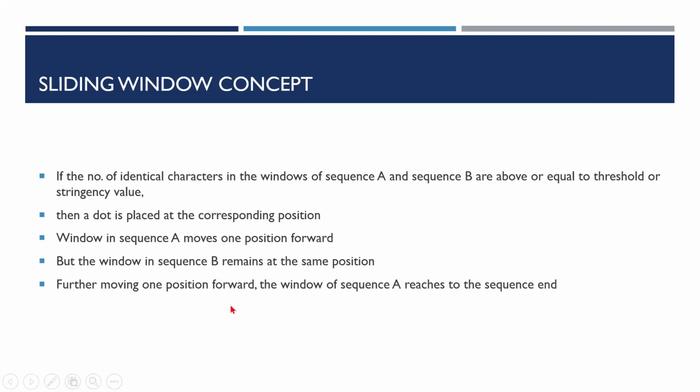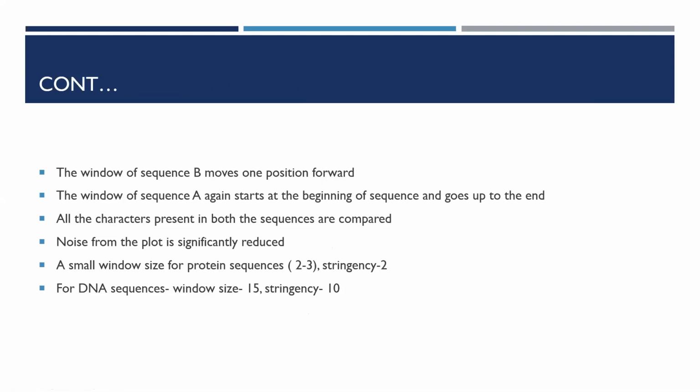Further moving one position forward, the window of sequence A reaches the end of the sequence. Then what happens? After the window of sequence A reaches the end, the window of sequence B moves one position forward, whereas the window of sequence A again starts at the beginning of the sequence and goes up to the end. I hope you are not confused and are trying to understand.